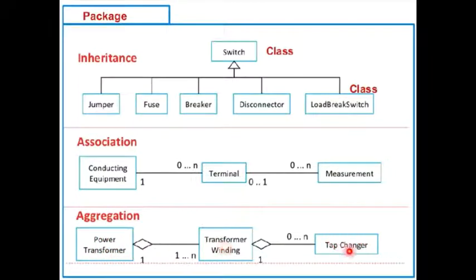Similarly, the tap changer will be associated with one transformer winding, but there might be multiple tap changers connected. So that if power transformer is not available, then transformer winding will also not exist.